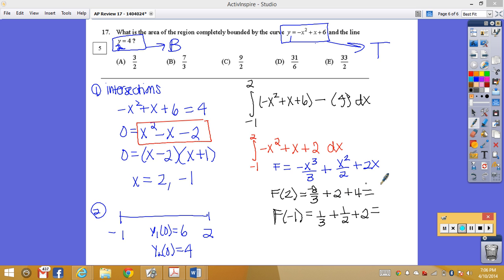So over 3, that becomes 6, 12, 10 thirds, and then I can tell that I definitely made a mistake somewhere.